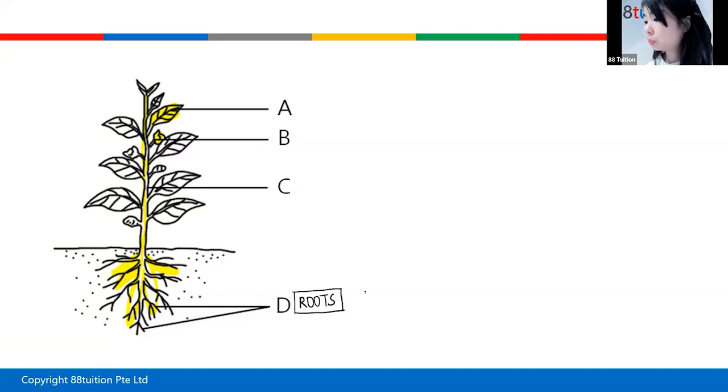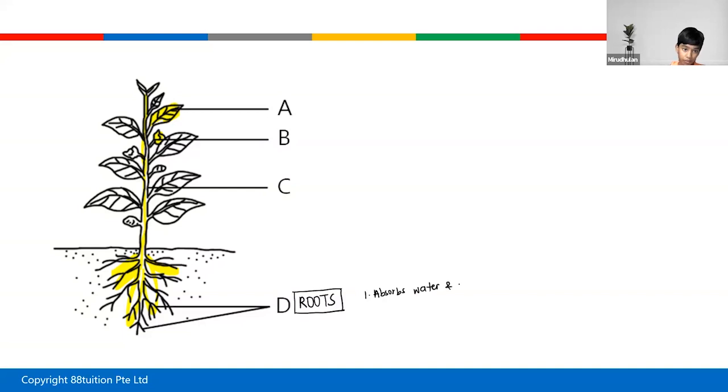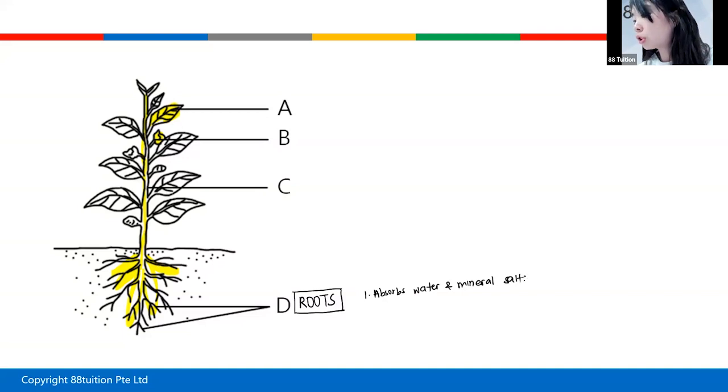Only water? And mineral salts. From where? From the soil. Good. So I want to see not only water, I need to see mineral salts and also from the soil. Very good, Miru.